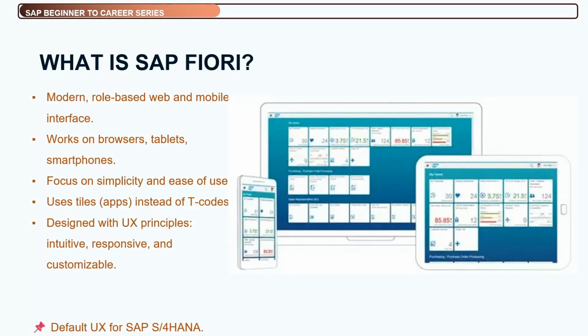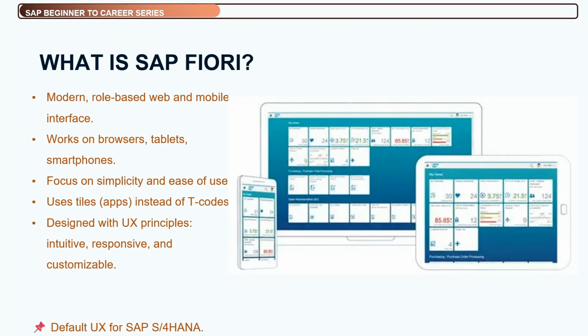Let's try to understand what is meant by SAP Fiori. I showed you how SAP Fiori looks like, and it's a modern role-based web and mobile interface. The difference between GUI and Fiori is that you can log into SAP GUI only using your desktop.